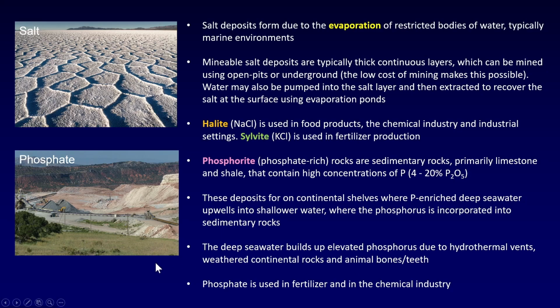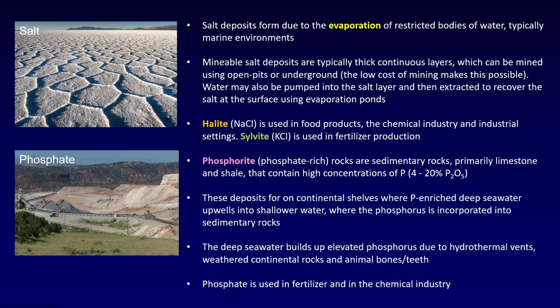So how do we actually form these very phosphate-rich sedimentary rocks? So these deposits form on the continental shelf, and they form in areas where phosphorus-rich seawater upwells into shallow water.